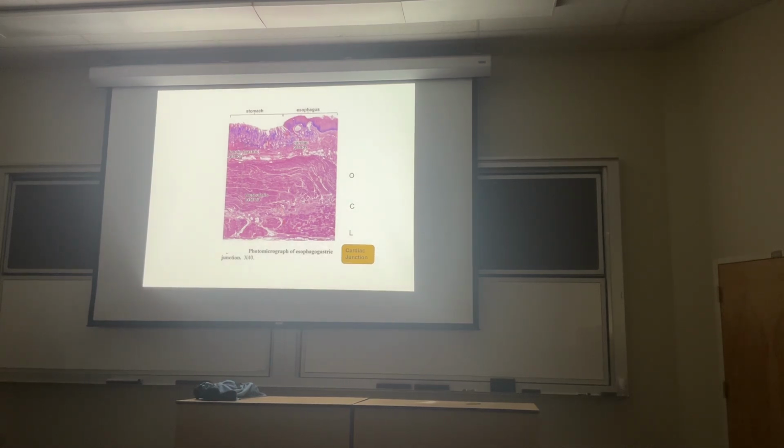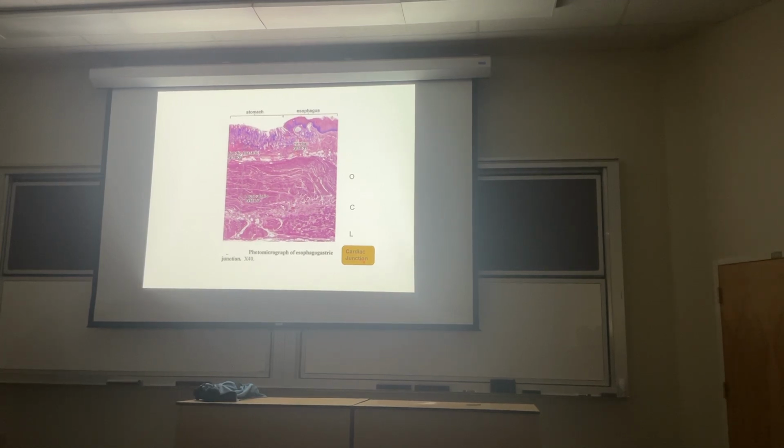This is the junction. We're going to be learning several junctions. This is the first one. This is the cardiac junction, again also known as the lower esophageal junction, or also, it's a sphincter junction. So notice that the epithelium, non-keratinized stratified squamous of the esophagus, makes a rather abrupt transition to the simple columnar epithelium of the stomach.